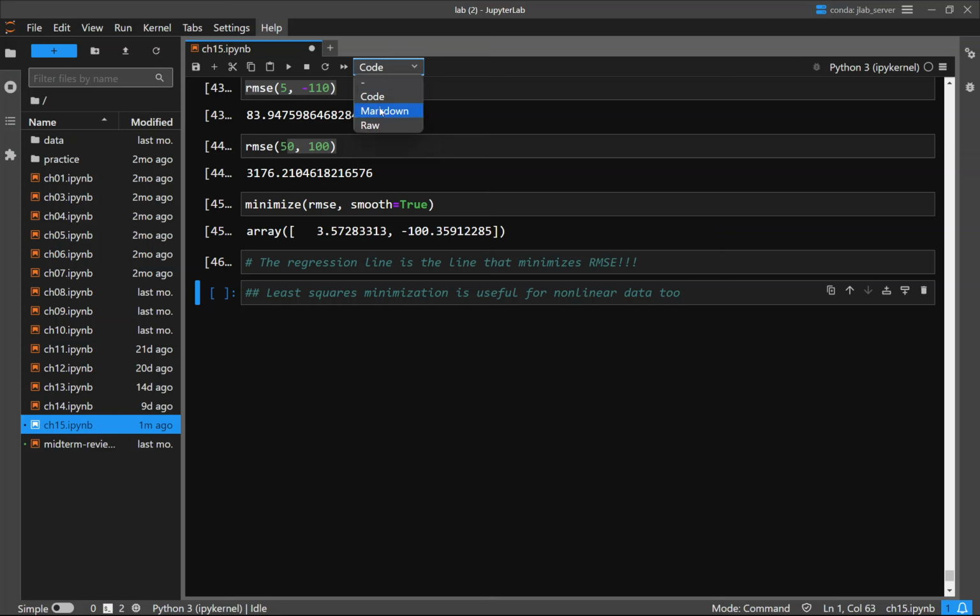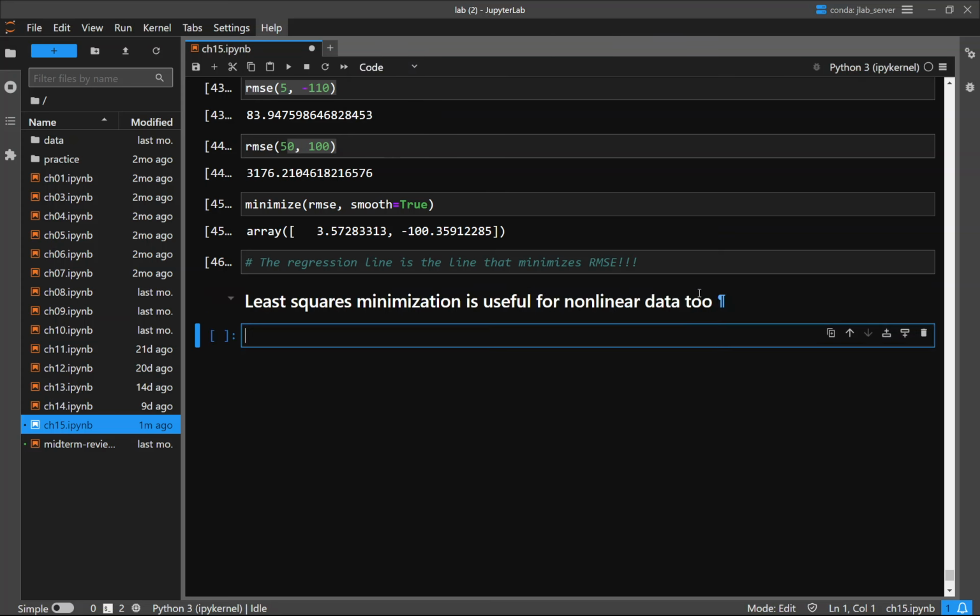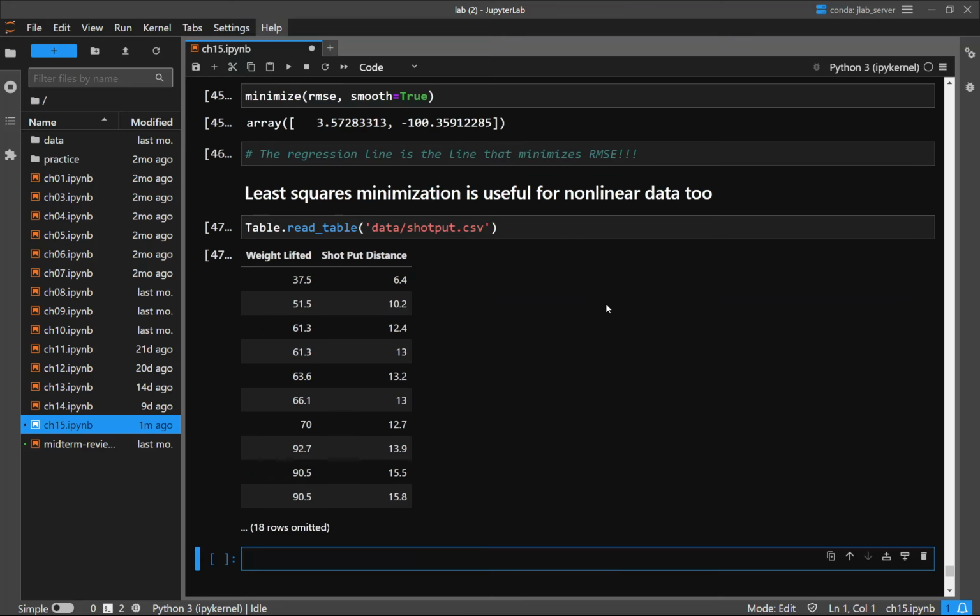Let me show that to you. There's a cool data set from the book called shot put. It's like Olympians or somebody on a high school track team, I guess. The people doing shot put and how far they could throw the little ball thing.